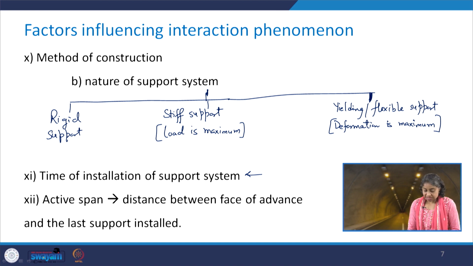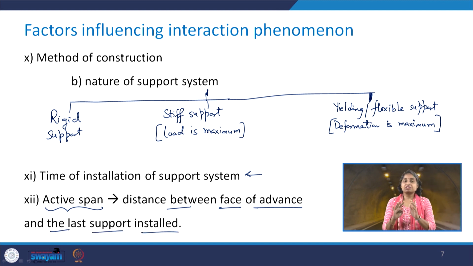The next factor is the active span, which is the distance between the face of advance of the tunnel and the last support installed. If you just recall our discussion in the previous class, we saw that every time there was some face of advance, or the distance by which the tunnel face is being advanced in one go, and then we keep on installing the support system simultaneously.